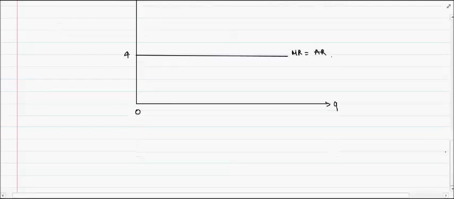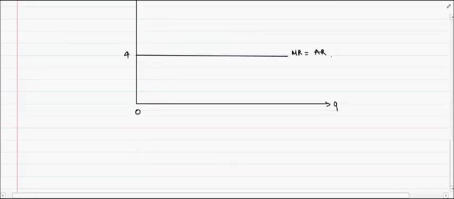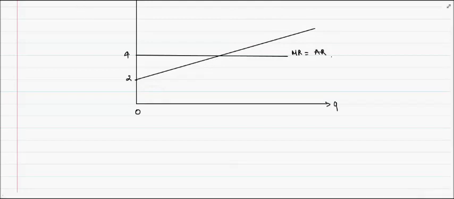So we know that it is a straight line with a vertical intercept of 2 and a slope of 0.2. It's going to be something like this. So this is my marginal cost curve.